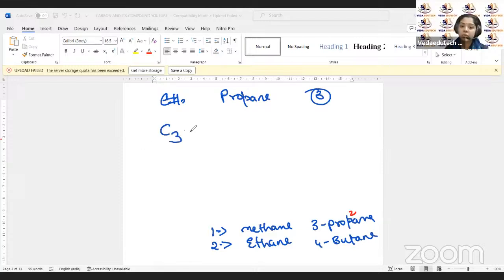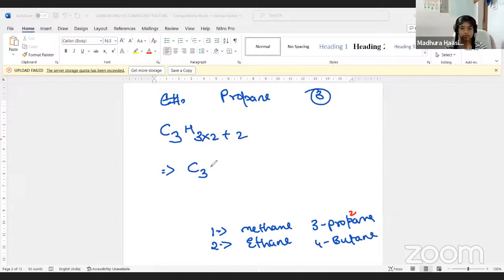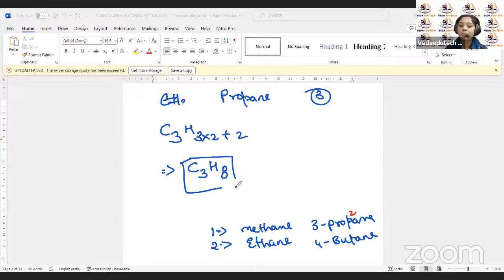So C3, H, 3 into 2 plus 2. 3 2s are 6, plus 2. So C3H8. This is the formula for propane.